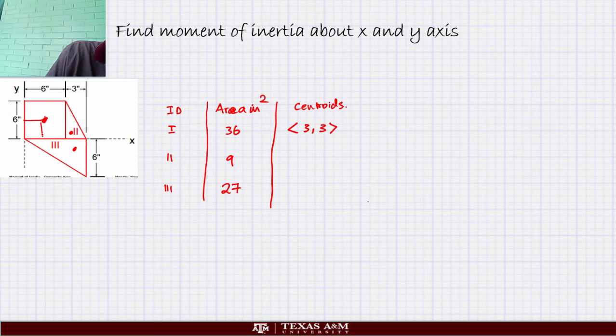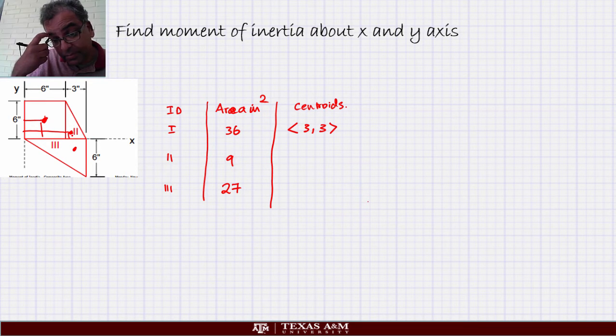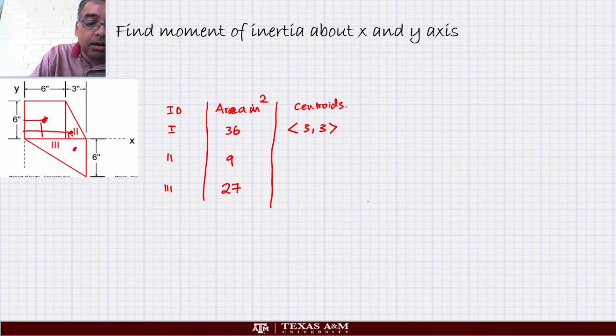How about this guy? The x component is 6 plus 1/3 of the distance from the base, so it is 6 plus 3 over 3, and the y component is 6 over 3, 1/3 of the distance from the corner.